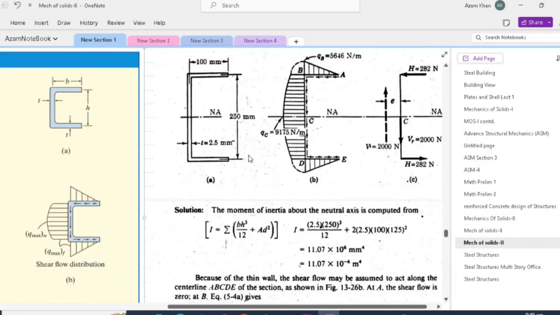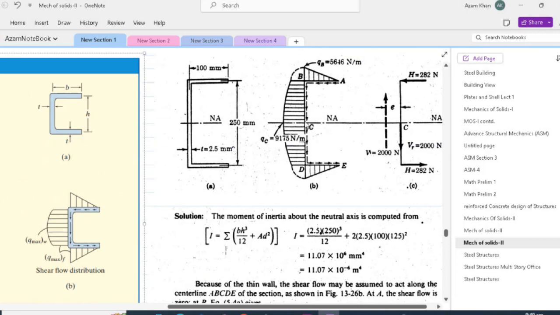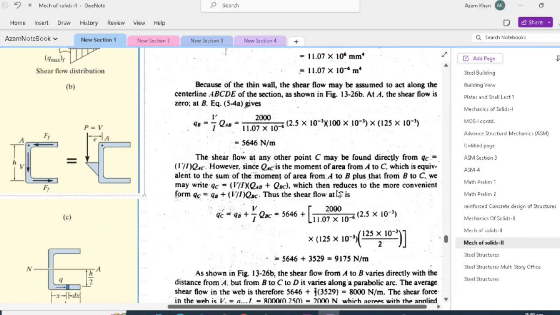Therefore, the shear flow at point C would be equal to the first moment of area of AB and the first moment of area of BC. VQAB by I is already worked out, and we have to determine QBC, which will then be added to AB, and correspondingly we will get the shear flow at point C.